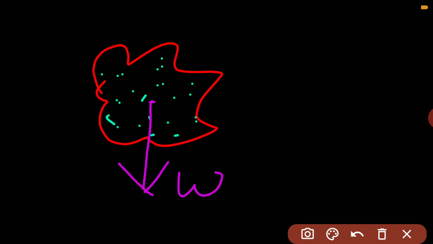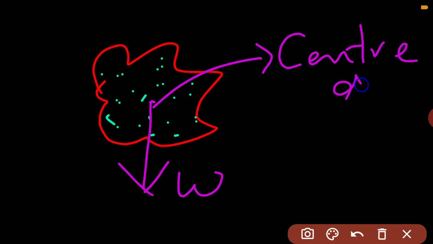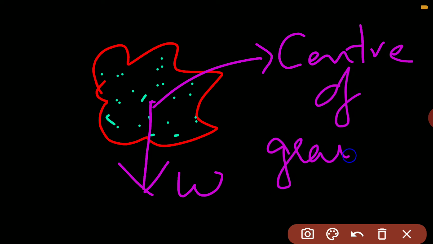And here the whole weight of the object lies. This point where all the weight of the object lies, or the point where the object can be balanced, is called center of gravity. I hope you understood what center of gravity is.